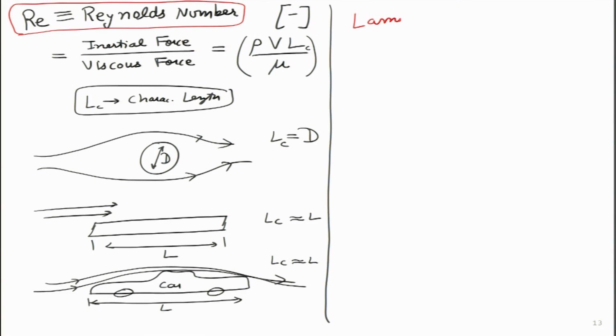The most significant thing this number tells is when the flow will remain laminar, and when the flow will become turbulent.